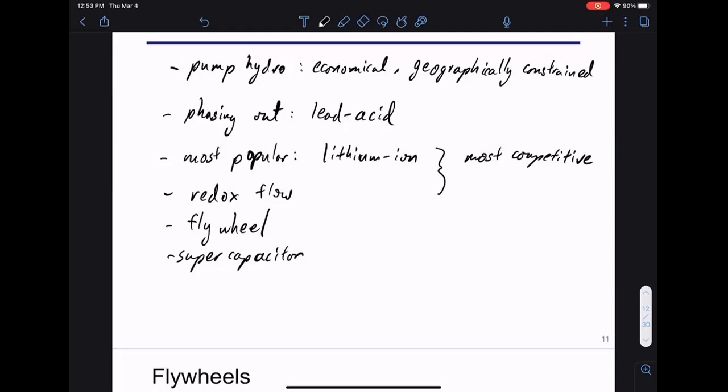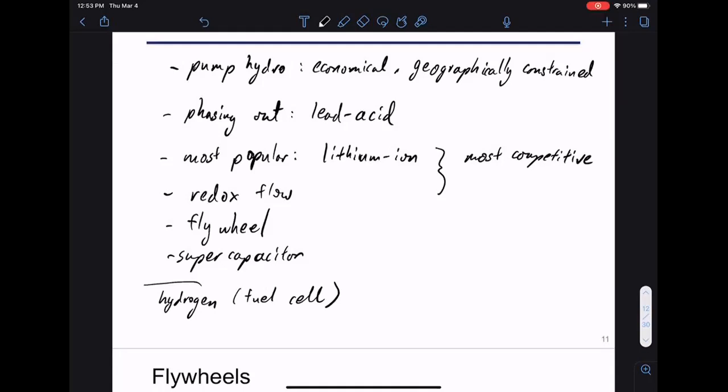Some of the ones that we're not going to think of as storage in our system are, for example, hydrogen. This is the fuel cell. There's a lot of attention for hydrogen recently, and justified attention.